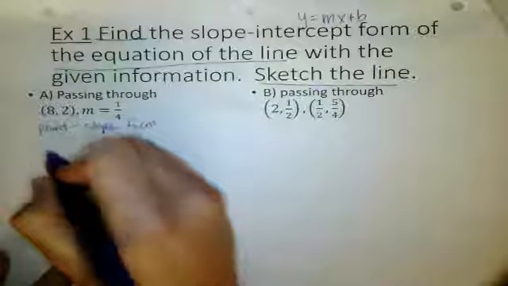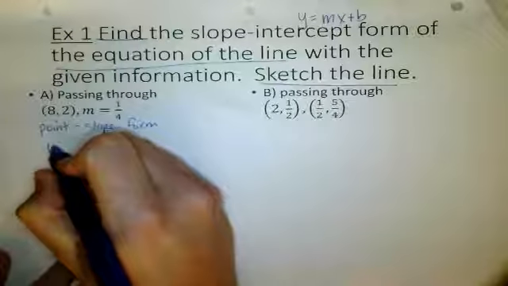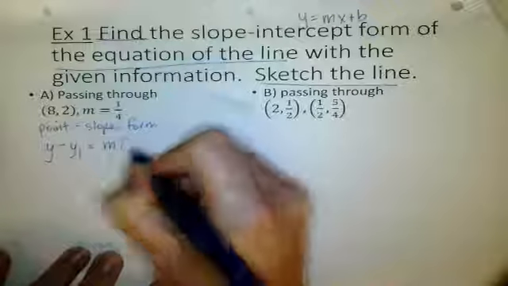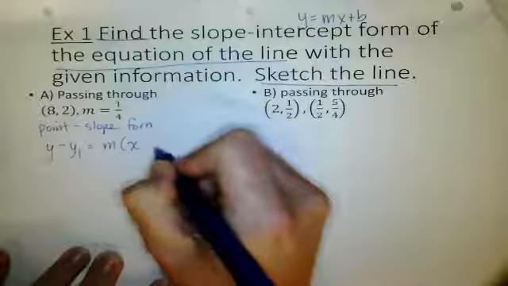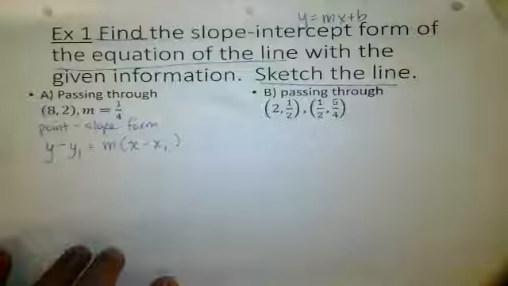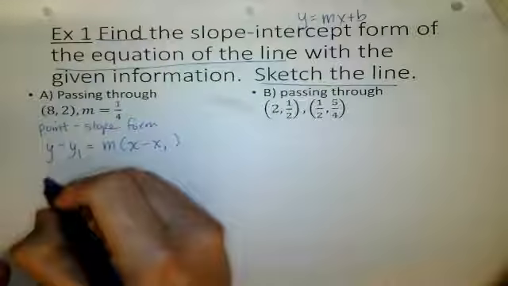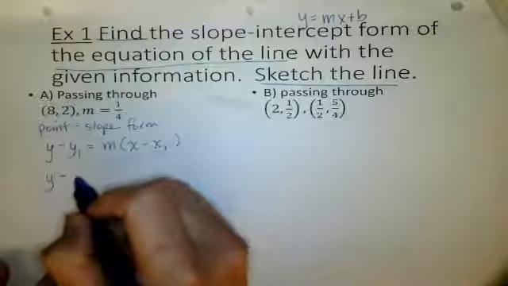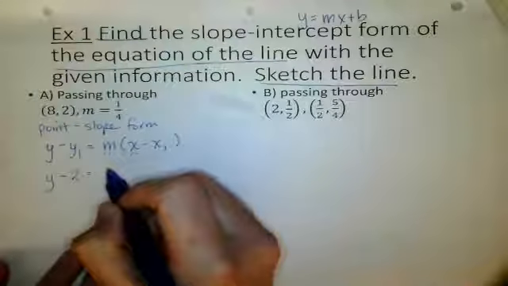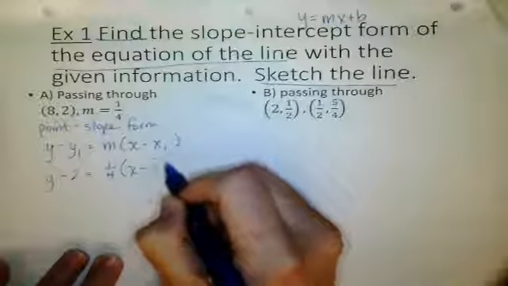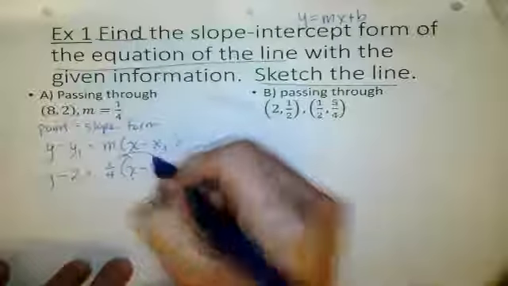Point slope form is what? y minus y1 equals m times the quantity x minus x1. Very good. Okay. So we can go ahead and plug in the information that we have here. y minus 2 equals 1/4 times the quantity x minus 8. Very good. We can go ahead and distribute.